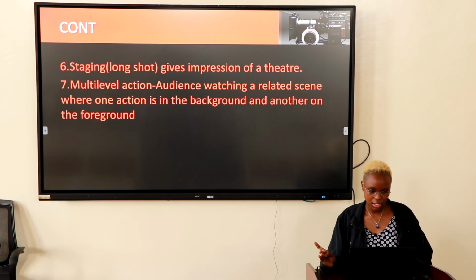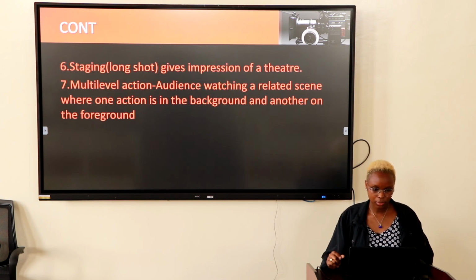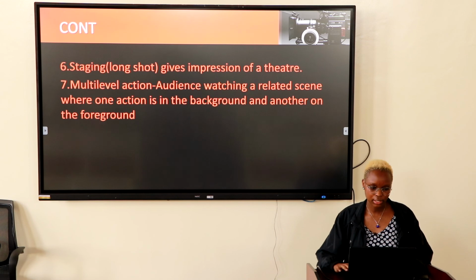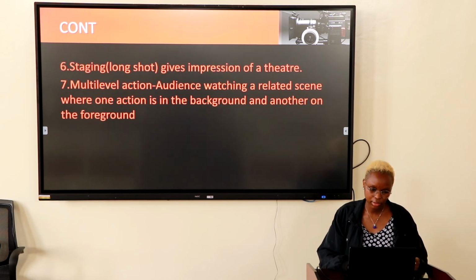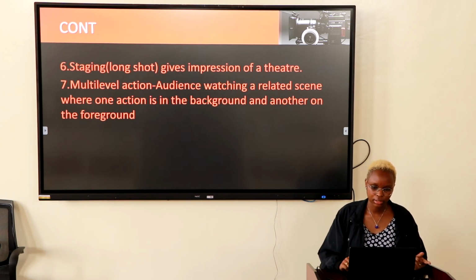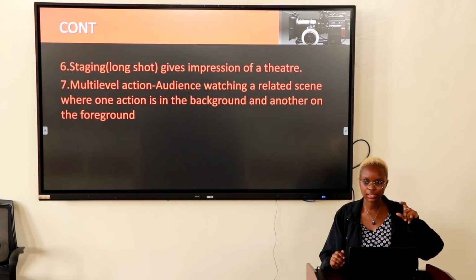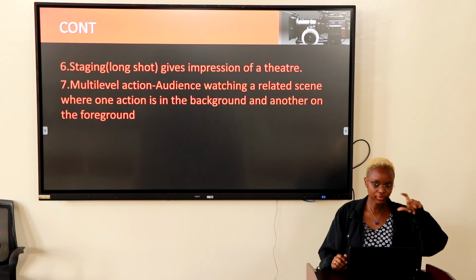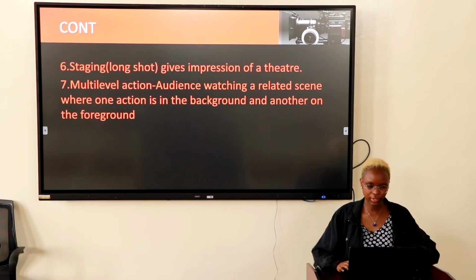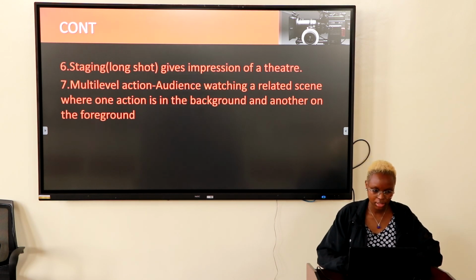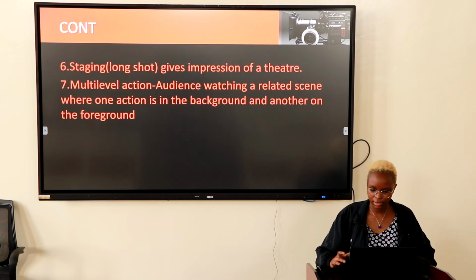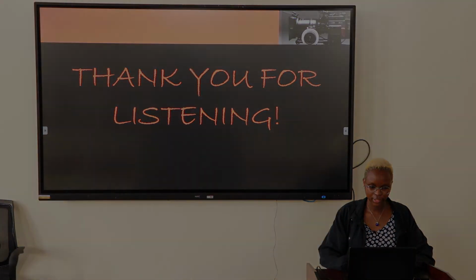Multi-level action is audience watching a related scene where one action is in the background and another in the foreground. Like someone who's watching TV and it's something related to the plot of the story. That's kind of like a multi-level action technique. Yeah, that's it.